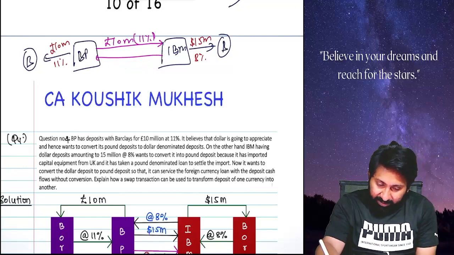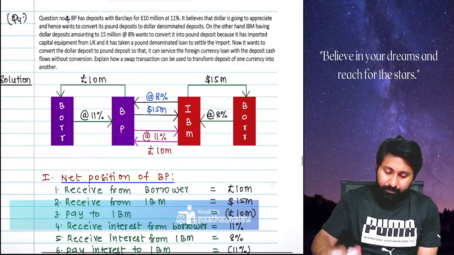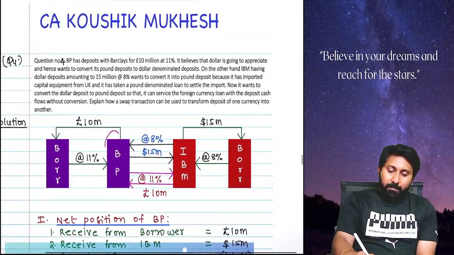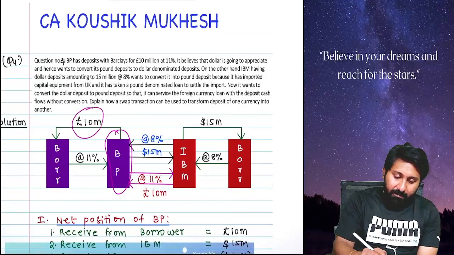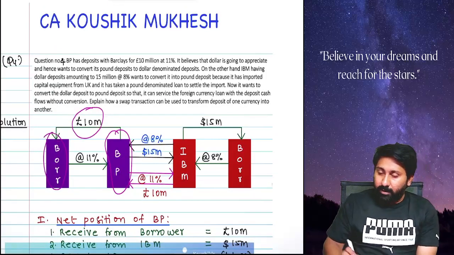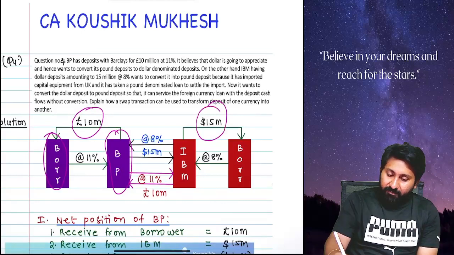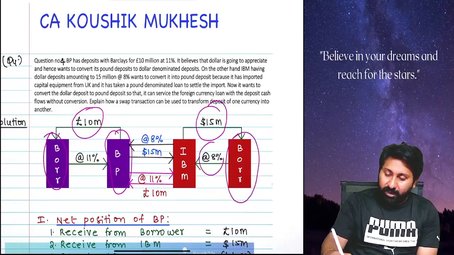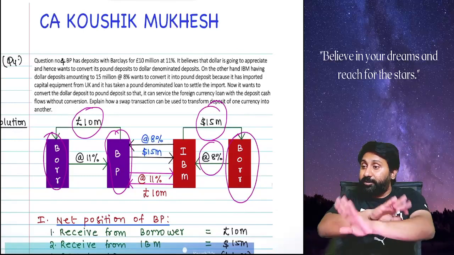Okay, to be very simple and crisp, see here, this is what happened. Bharat Petroleum originally gave a deposit of 10 million pounds to its borrower. IBM has originally made a deposit of $15 million to its borrower at 8%. Both are unhappy with the existing position. They wanted to shift their positions.